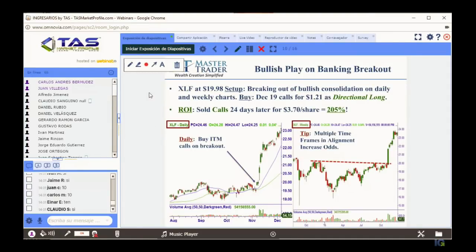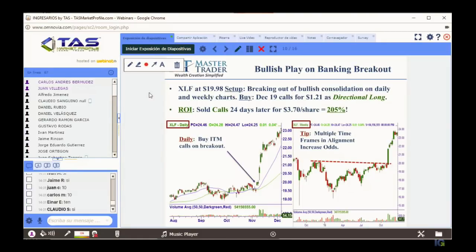Here's the slide. This slide is an example of bucket 1, which we refer to as a strong directional bullish setup. So XLF is the financial sector ETF, and we were very bullish on the sector, as we were on many other sectors, after it was announced that President Trump would be the new president.